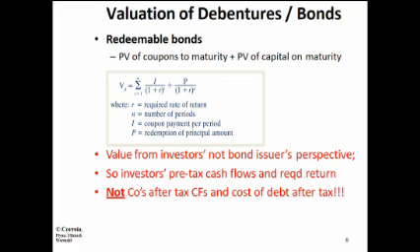So if we look at a redeemable bond, what are the future cash flows? Obviously, we'll have coupon payments made every period. And then because these bonds are redeemable, there's going to be a redemption amount. So both of these streams of cash flow, the coupon payments and the capital on maturity, need to be present valued using the required rate of return.